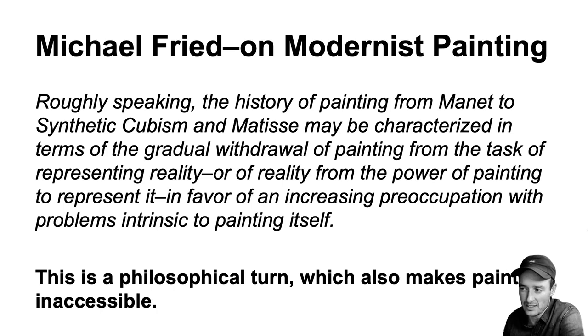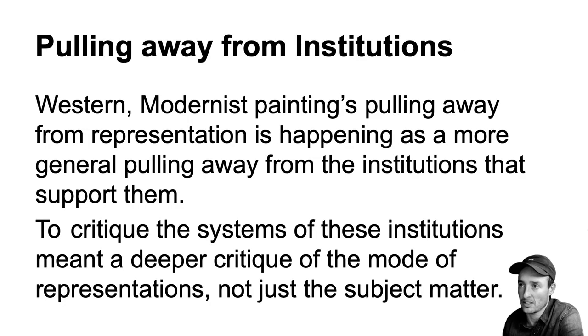It's really nice that he shows that shift of reality from the power of painting to represent it, because that acknowledges modernism, or modernity, this condition. This is a philosophical turn, which also makes painting inaccessible, and we'll talk about why.